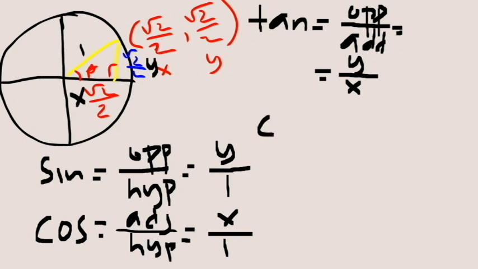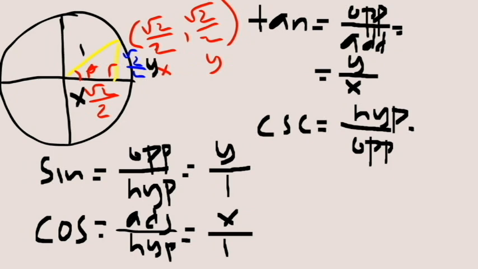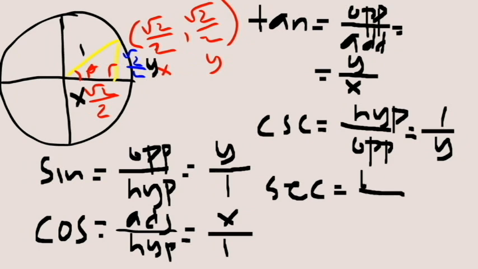Next is cosecant. Remember, class, that cosecant is the reciprocal of the sine. So if the ratio of the sine is y over 1, then cosecant is hypotenuse over opposite, so our hypotenuse is 1 and our opposite is y. Next, for secant, it is the reciprocal of cos, so hypotenuse over adjacent.